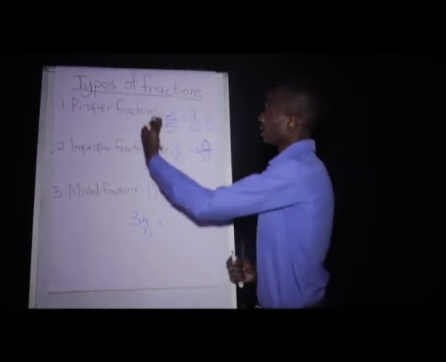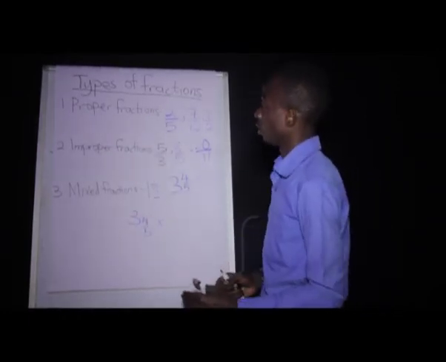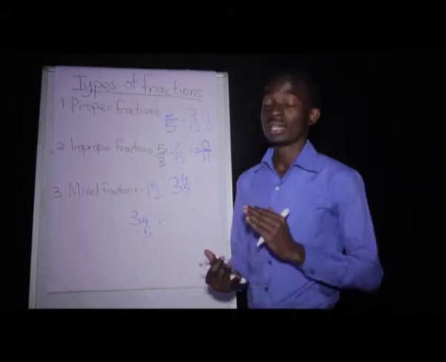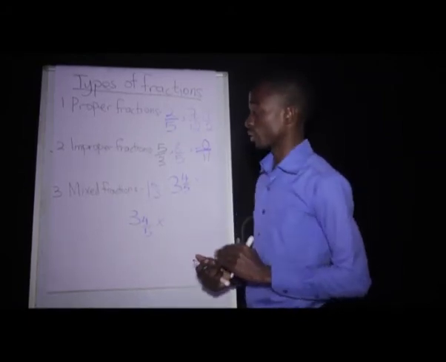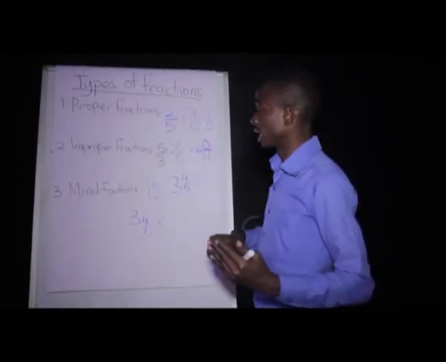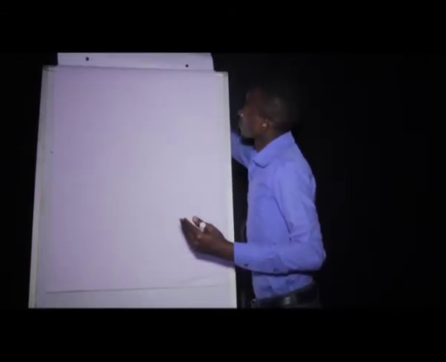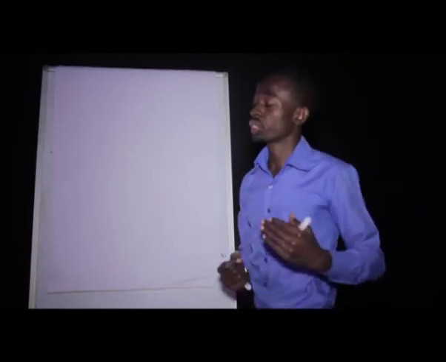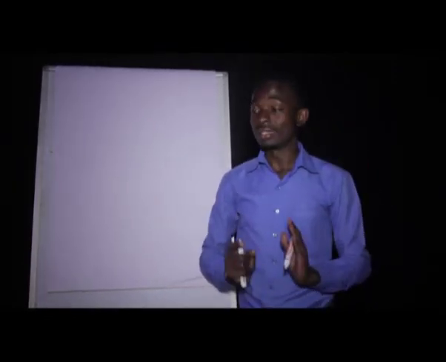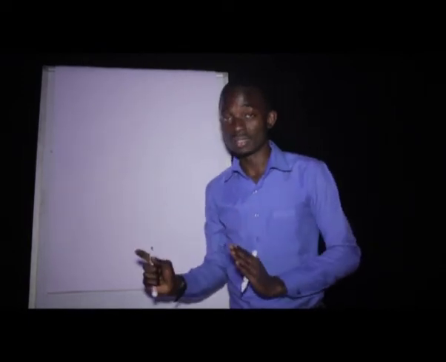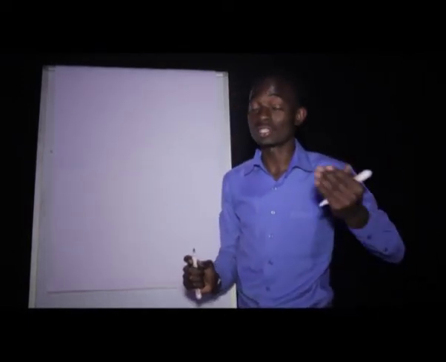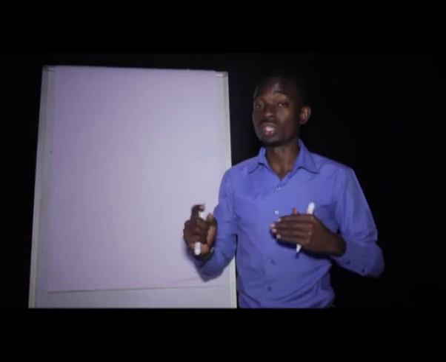So I've looked at the different examples of fractions, the proper fraction, the improper fraction, and the mixed fraction. So something else we can look at, maybe if they give you a whole item or a whole thing, and they divide it into different parts, and they shade a given part, then they ask you to give the fraction of the shaded part.